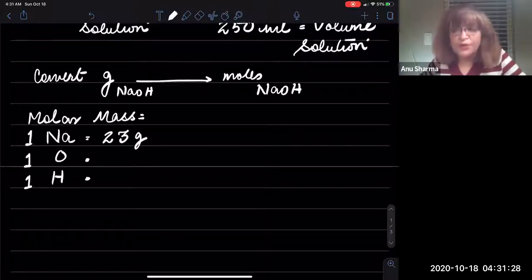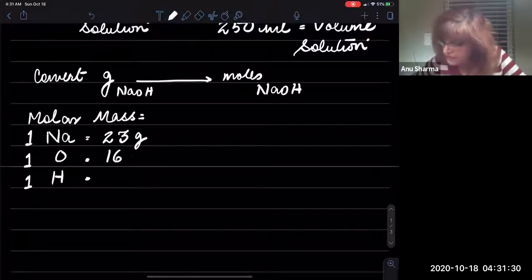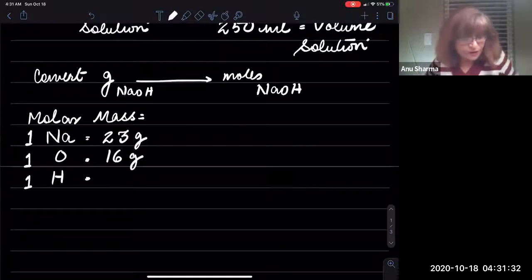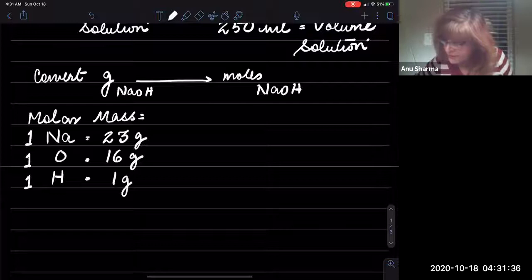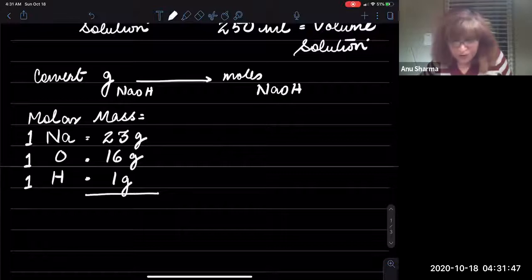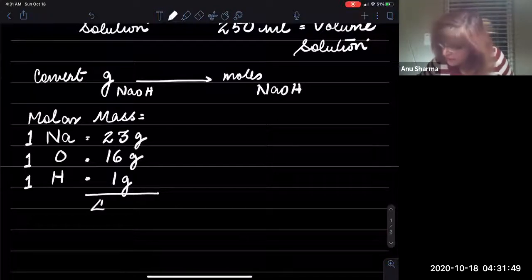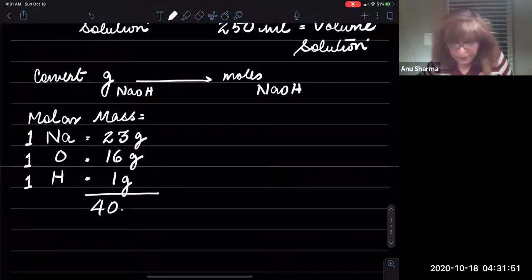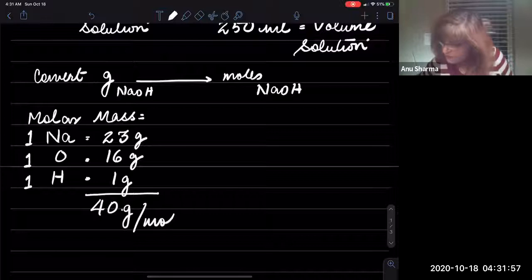Oxygen is 15.99, and it's okay to use 16 grams. And hydrogen is 1.008, and it's okay to use 1 gram. When you add all of these up, you get 40 grams per mole of NaOH.